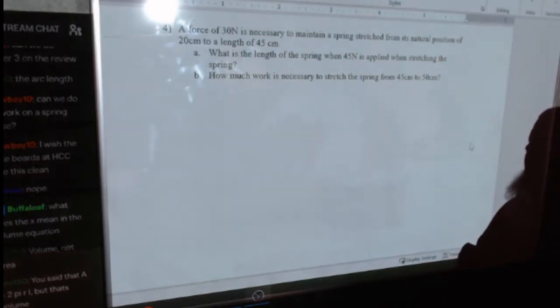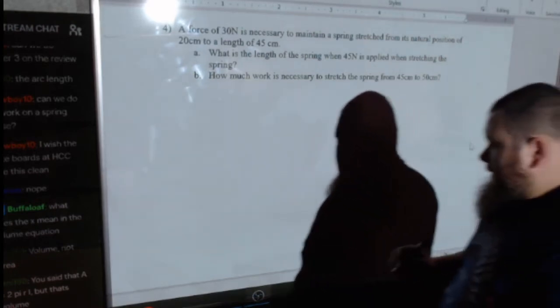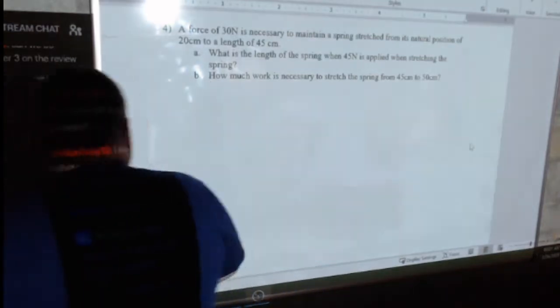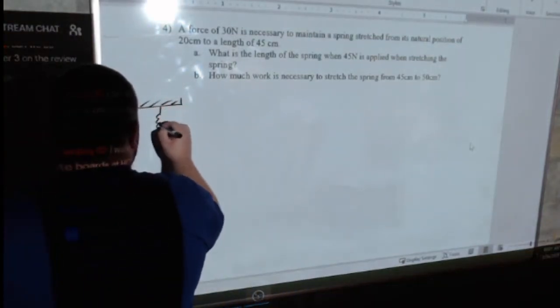So a force of 30 newtons is necessary to maintain a spring stretched from its natural position of 20 to a length of 45. So that's saying our first situation is a spring.